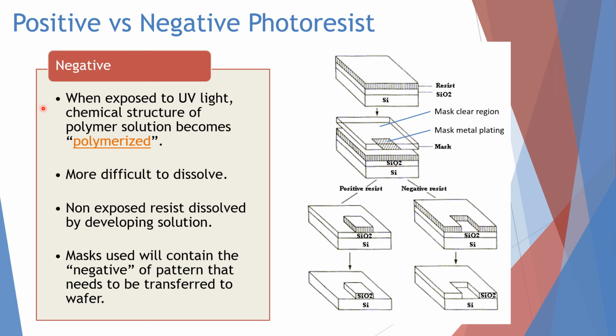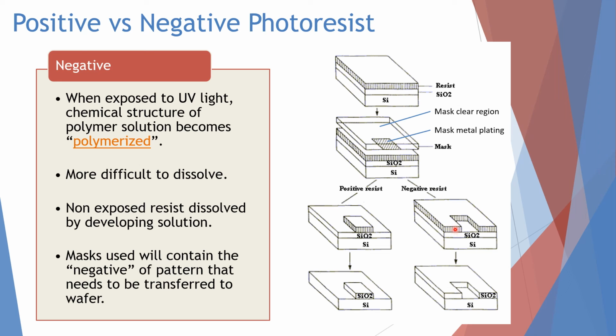As for the negative, this one is the inverse of the positive. When it is exposed to the UV light, it will become polymerized. So for example here, if you can see, this area is the glass one, so it will be exposed to the UV, right?